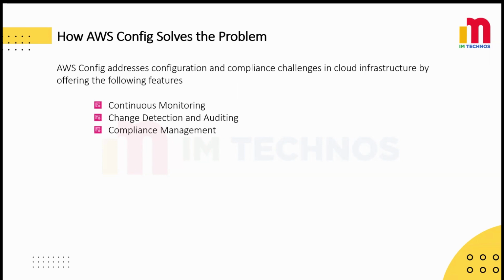And AWS Config evaluates your resources against custom rules or predefined rules. These rules help ensure compliance with security policies, organizational standards, and regulatory frameworks. By maintaining a historical record of resource configurations, AWS Config helps to diagnose issues, roll back changes, and understand the root cause of incidents.